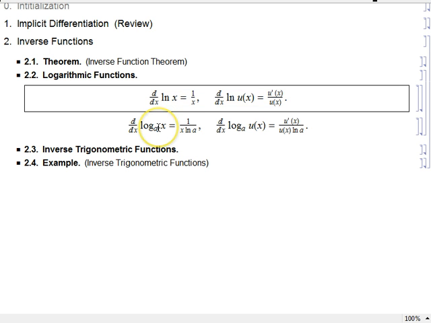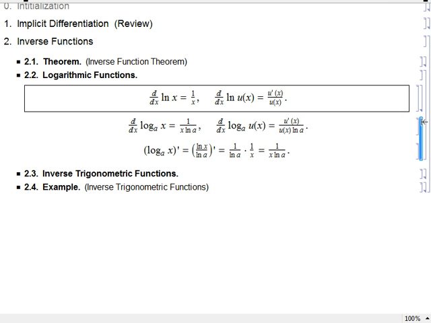The other one, if you have an arbitrary base, well, basically you can just use the change of base formula and deduce it, because log base a of x is log of x over log of a in natural log, and then taking the derivative of that, the coefficient is 1 over log of a, so we have this deduction.